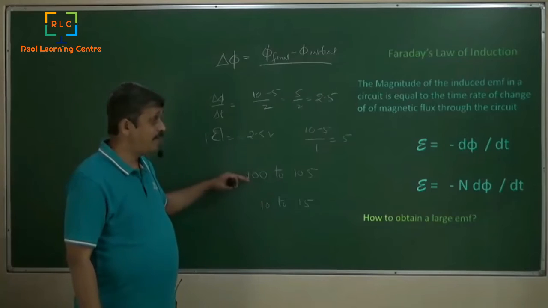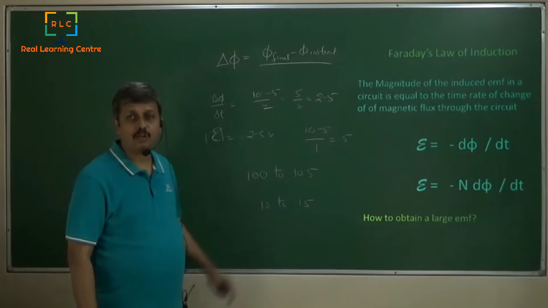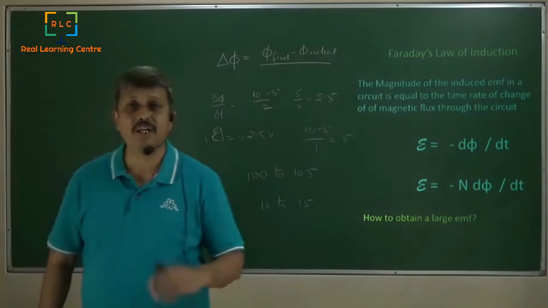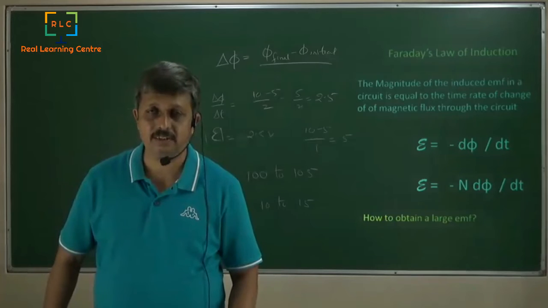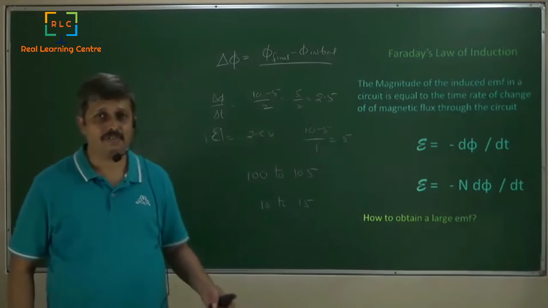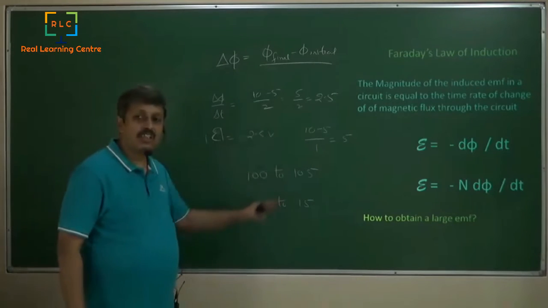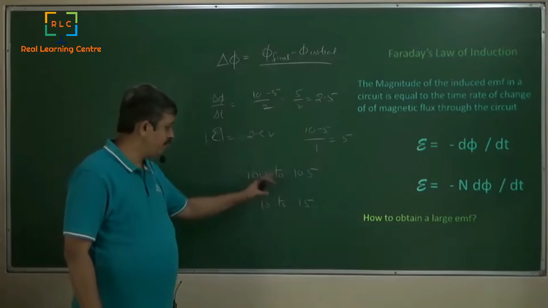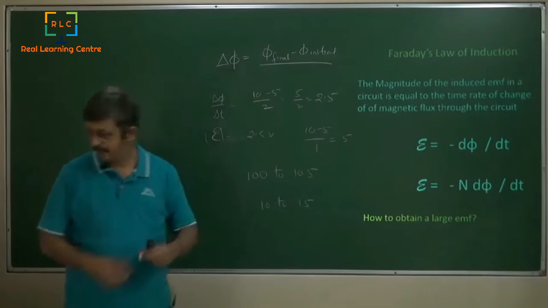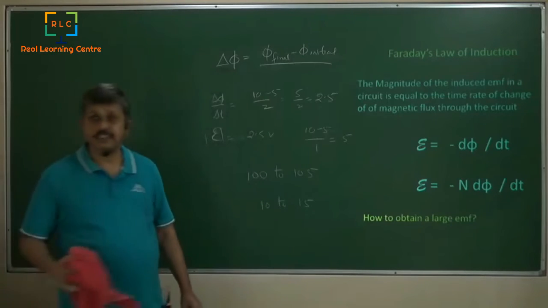Just because you have a very high magnetic field does not mean you can generate a very high voltage or very high EMF. It depends on the difference and the time only. Okay, remember that. That is how you can calculate.